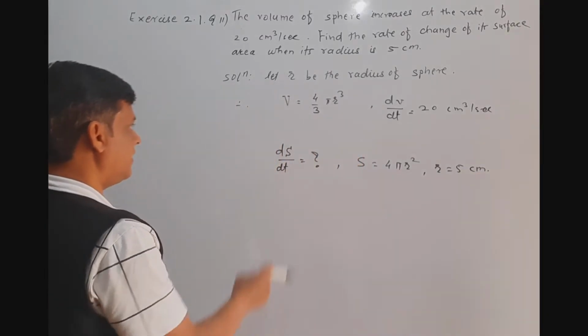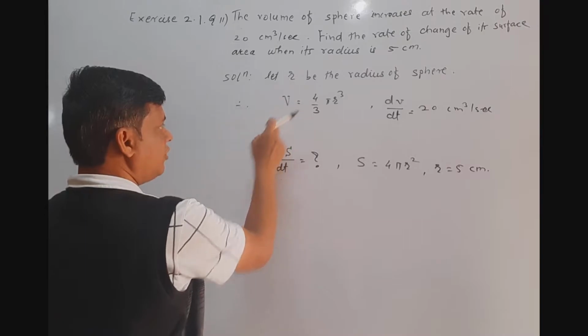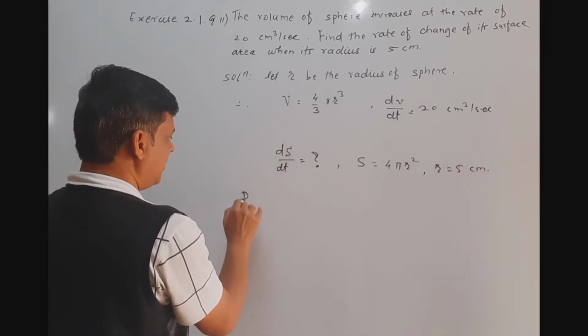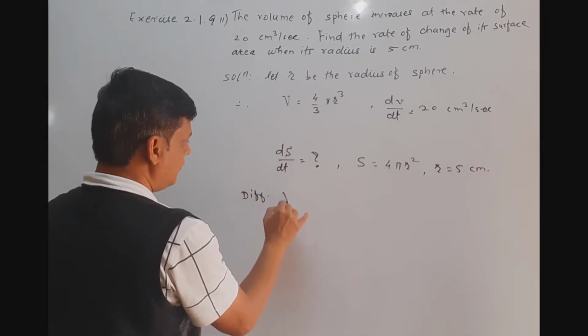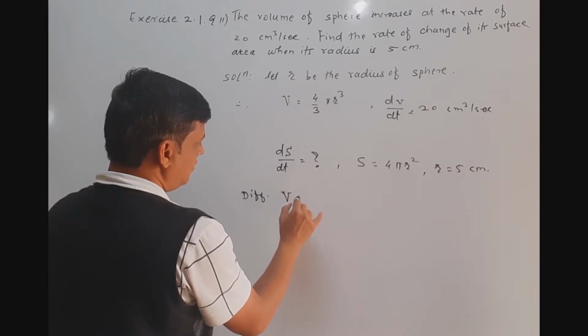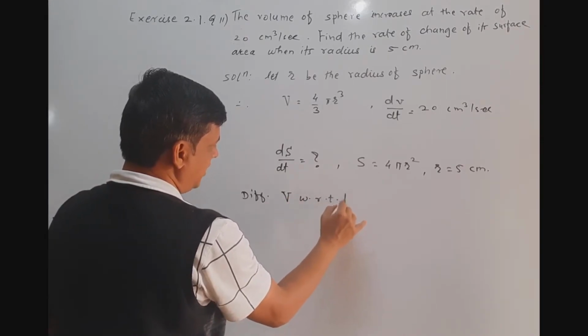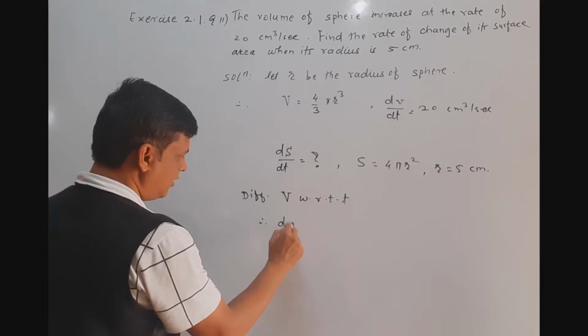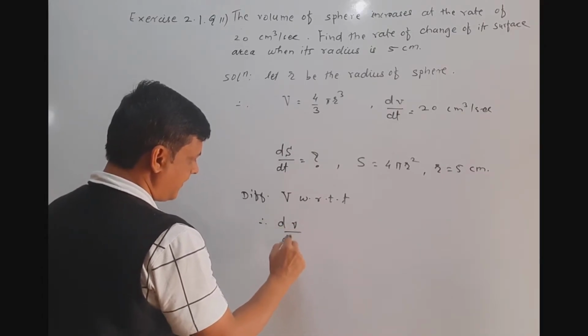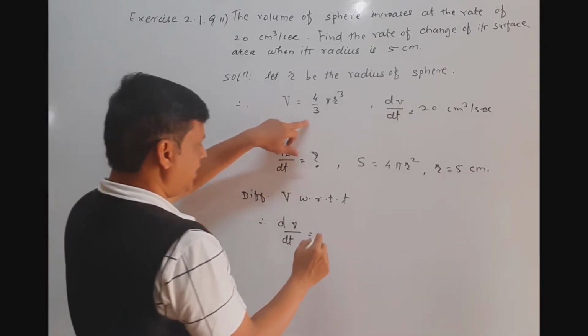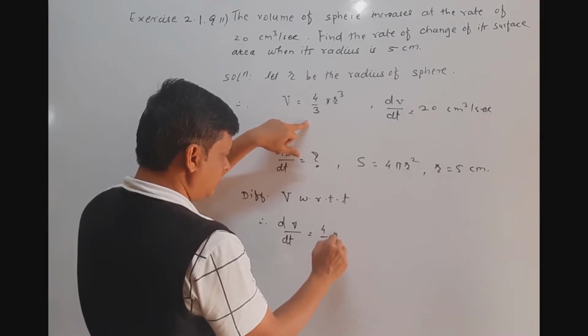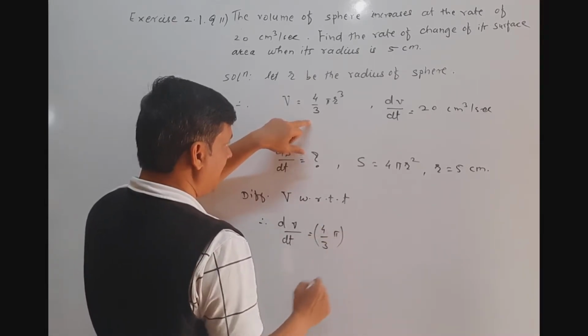So first we find the derivative of this volume. So differentiate V with respect to t. Therefore dV by dt is equal to 4/3 pi, which is constant, so we keep it as it is.